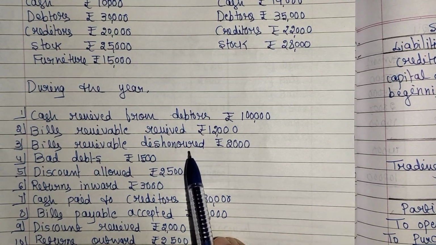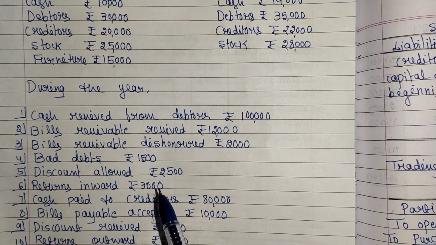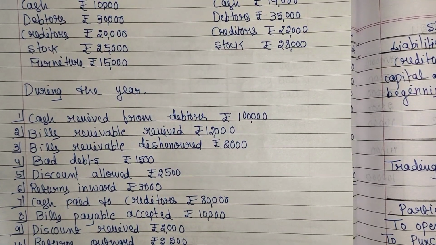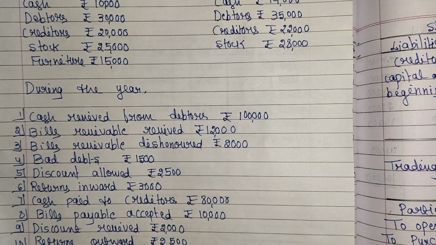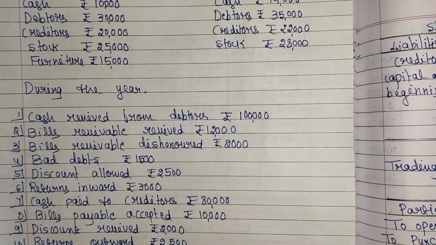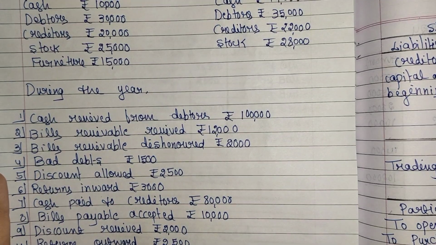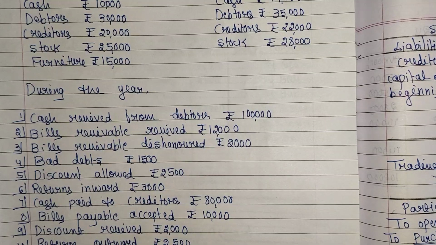Next one, bills receivables dishonored. It means the customer gave the bill receivable but later the bill is not paid. That one we need to enter on the debit side. Means customers have not paid the amount, right?